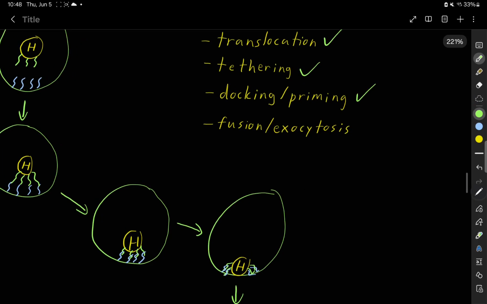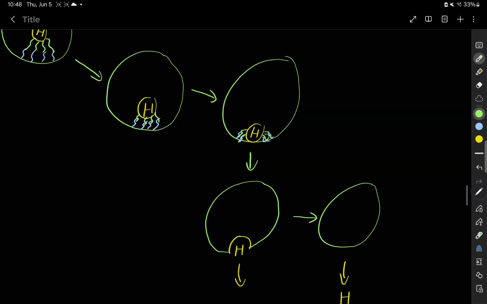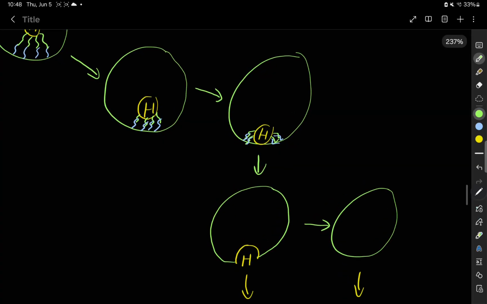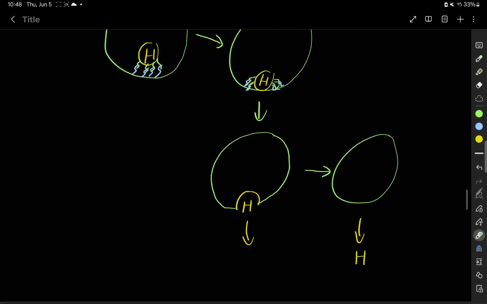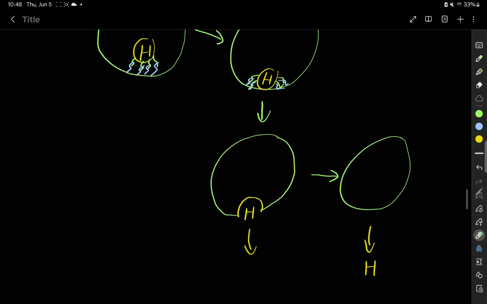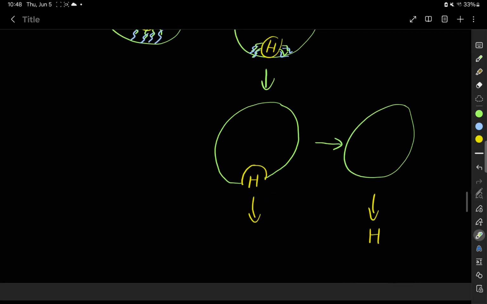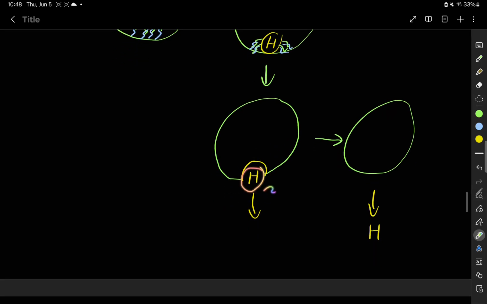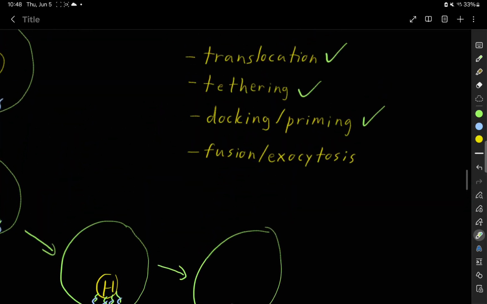And then comes fusion and exocytosis. So fusion is when your granule or vesicle membrane fuses together with your cell membrane, as you can see here. As you can see, the membranes fuse together, and after fusion, exocytosis can happen. Your messenger molecule has the ability to leave the mast cell and exit into the extracellular space, and that is fusion and exocytosis.